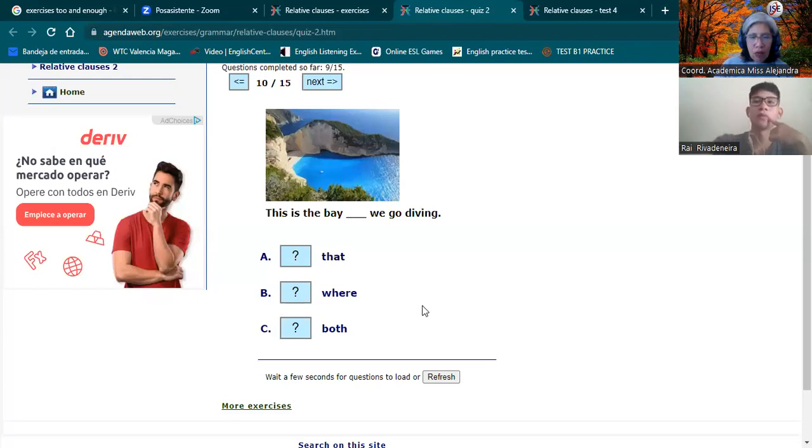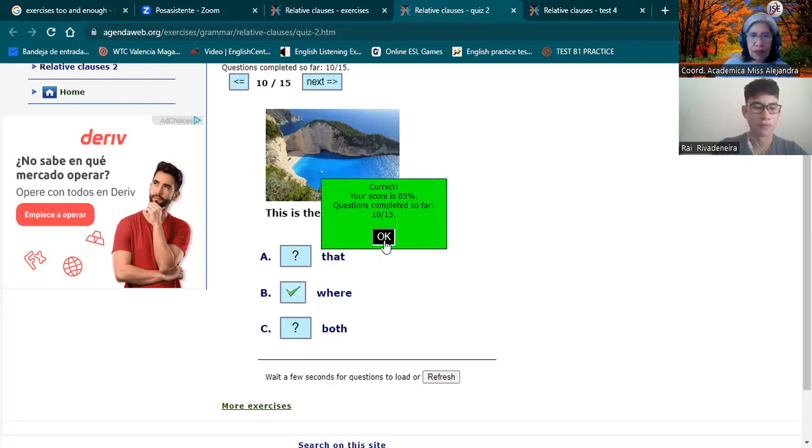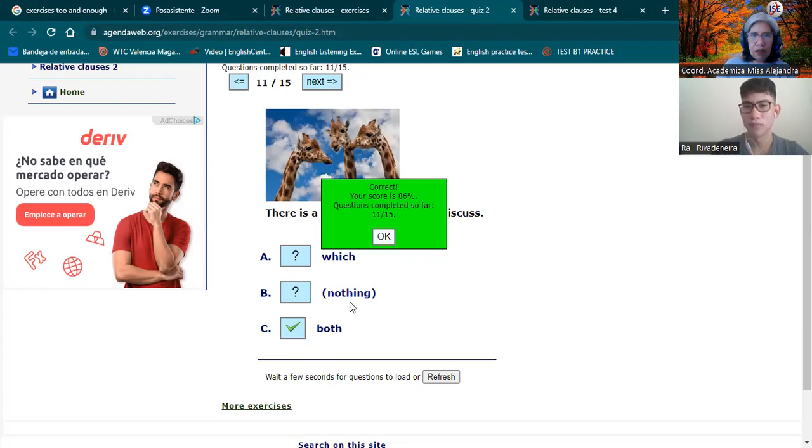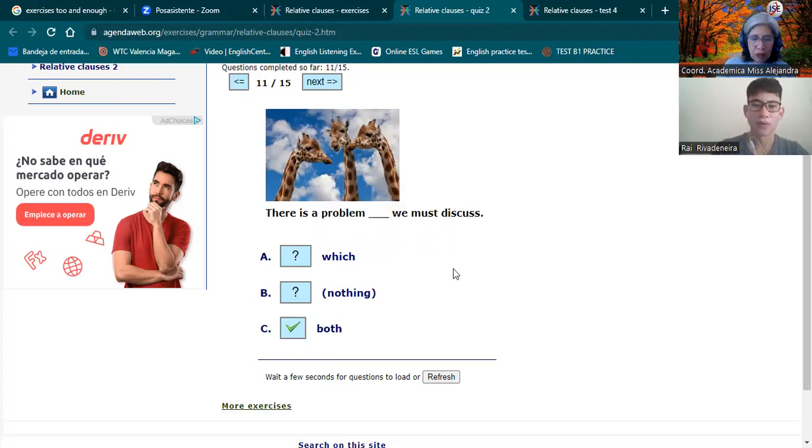This is the bay where we go diving. Diving, bucear. There is a problem which, nothing, or both? Both.